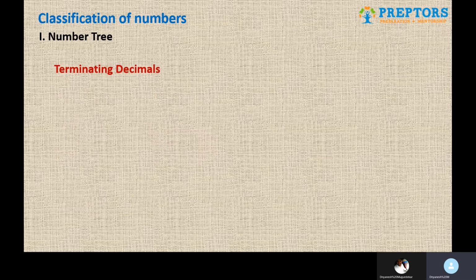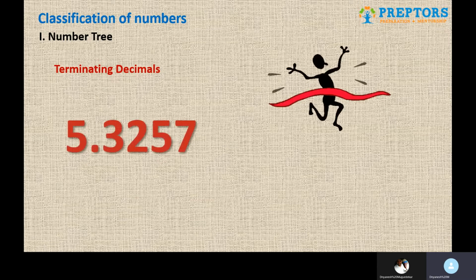Now, decimals are further classified into two broader classifications, terminating decimals and non-terminating decimals. Obviously, when you hear this word terminating, you understand that these are the ones that will stop after a certain value. For example, 5.3257.